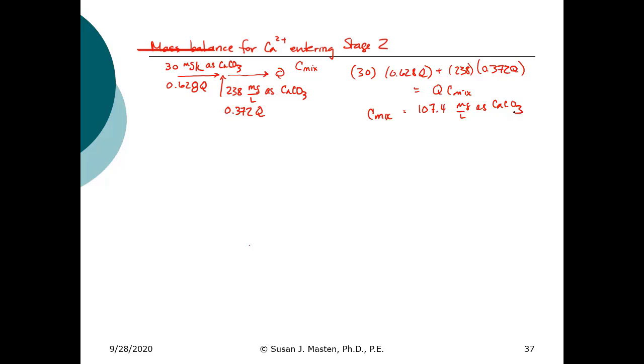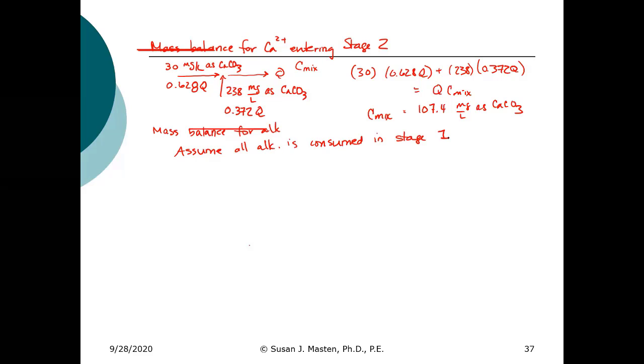We also need to think about the alkalinity. So we'll make an assumption that all the alkalinity is consumed in stage 1, which means we've taken that alkalinity, we've converted it to CO3, and then we precipitate it. So if all the alkalinity is consumed in stage 1, we have 0 alkalinity from stage 1.